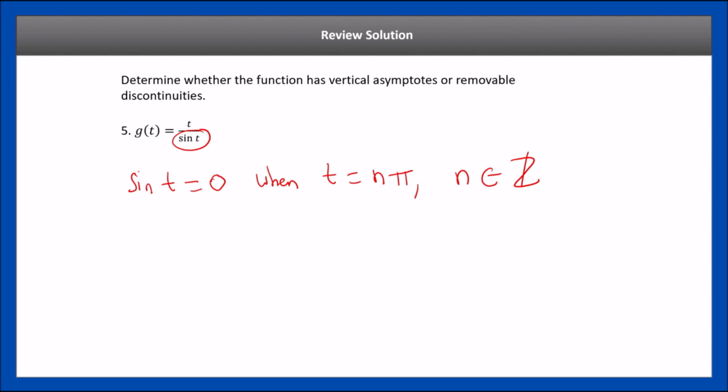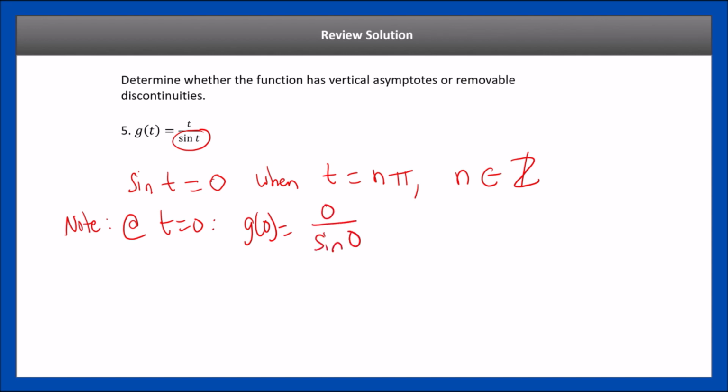So we know that we have an infinite amount of discontinuities here. However, we know that if I plug in 0 into the numerator, I get 0, right? So note that at t equals 0, the function g of 0 is equal to 0 over sine of 0.